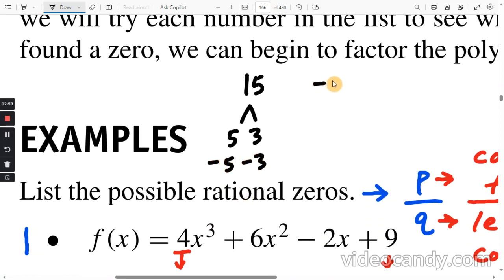Okay, and if you had, say, negative 15, you can do 3 times negative 5, but you can also do negative 3 times positive 5. So in either case, the plus minus signs flip-flop. So you want to use both versions, the positive and the negative.